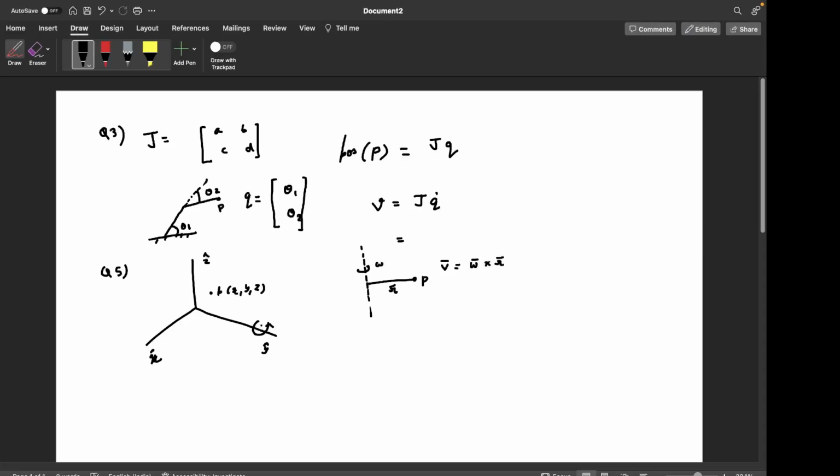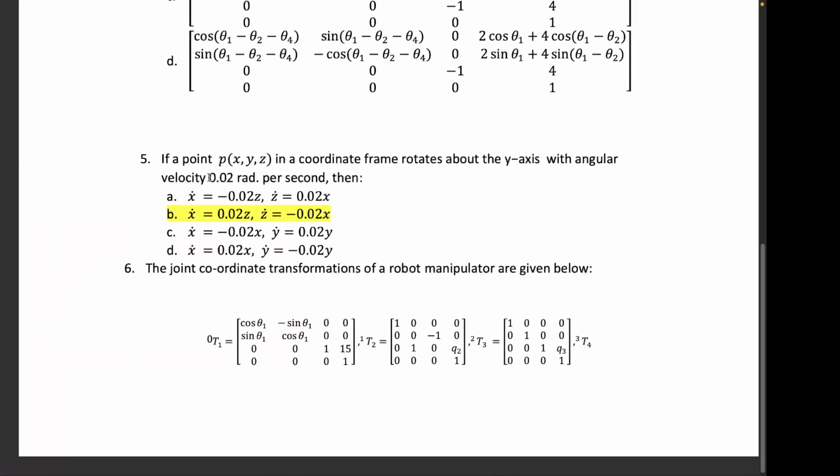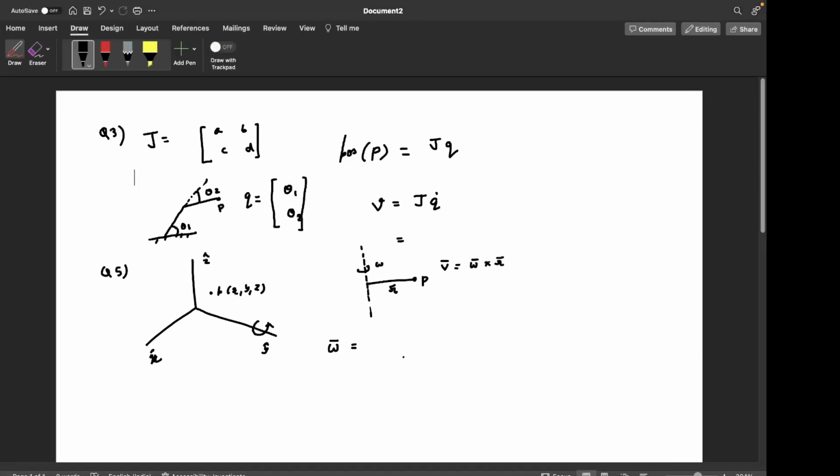So omega is here about the y-axis, and it's given as 0.02 radian per second, with the direction j cap.